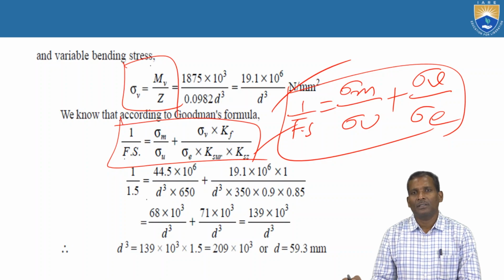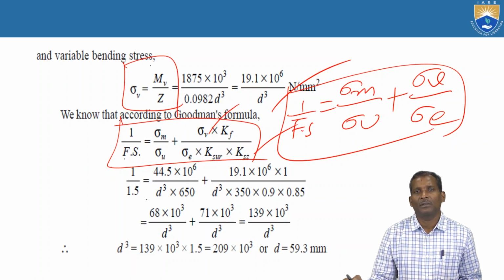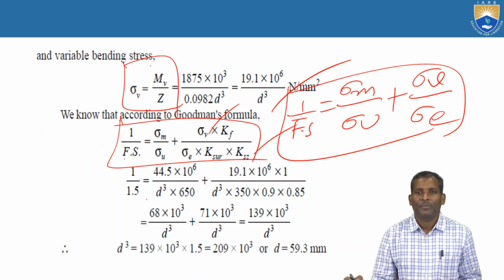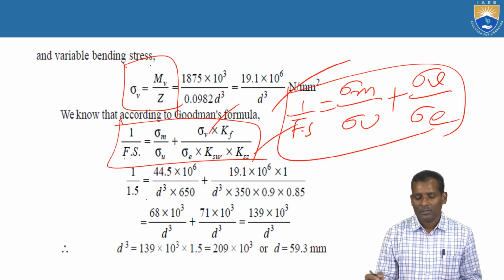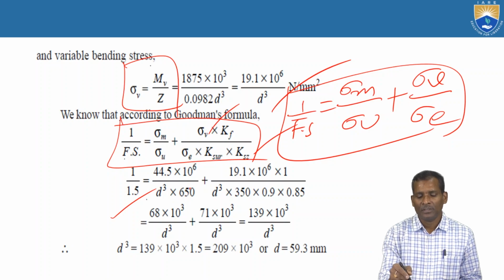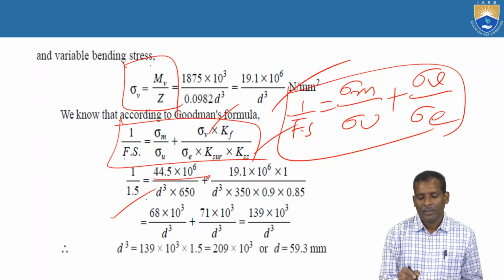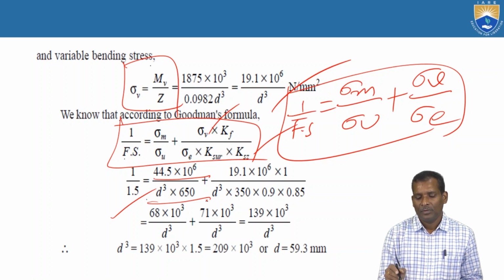So here the mean stress is calculated, mean bending stress by using mean bending moment. Similarly, the variable stress is calculated by using variable bending moment. Sigma u is available in your problem, and sigma e is also given. All factors are available. So now substitute those values in this equation and find d.